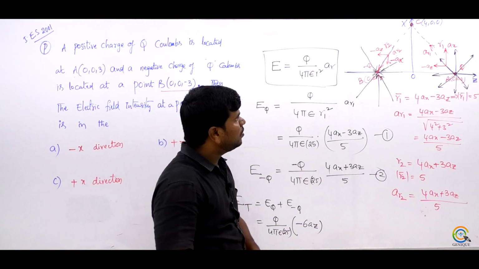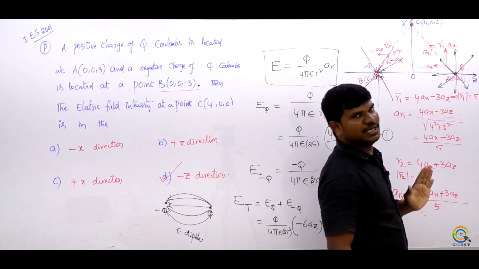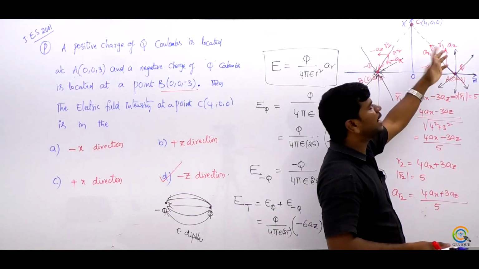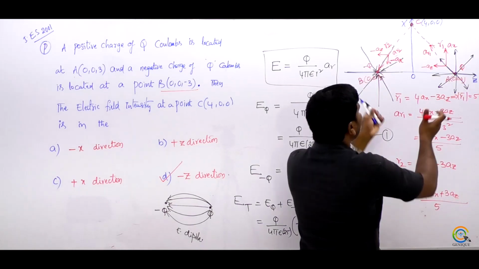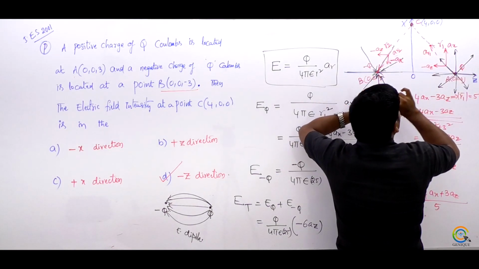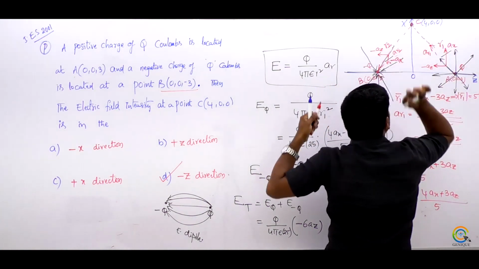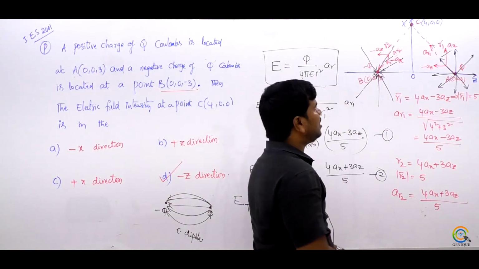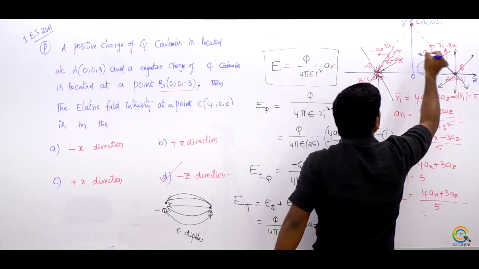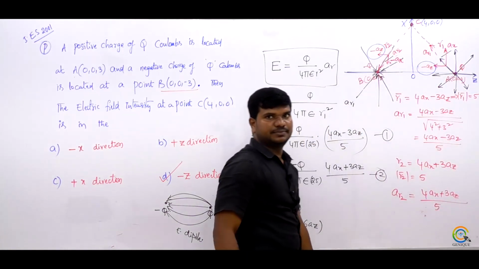Understand? Now what happens? These two are equal and opposite. The magnitudes are equal and opposite, and when they are added, the AX term will be cancelled. Understand? Only what will we get? You will have a negative AZ term and a negative AZ term, and these two will be added.